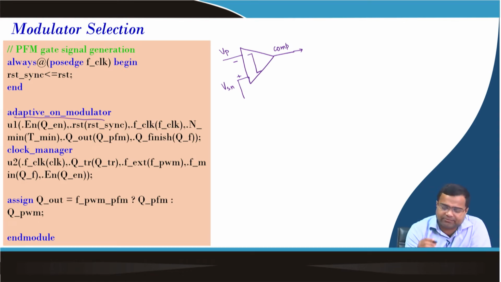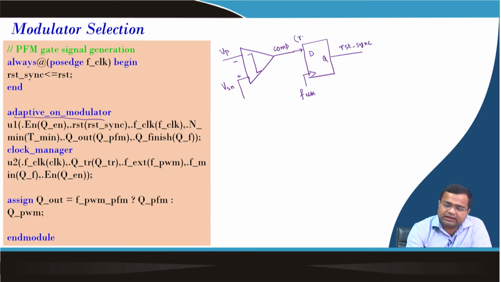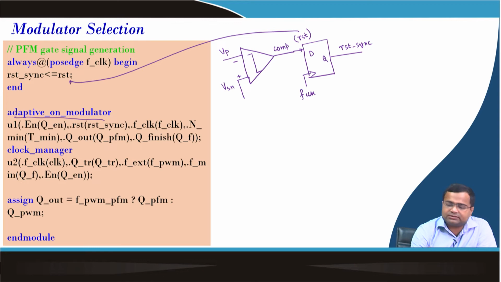To avoid this loading effect, we made it clock synchronized. That means this is the input, it can be a D flip flop, and this is a high frequency clock. This pulse is internally defined as reset, and here it is called reset sync. This is internally named as reset, which is why we call it a reset pulse. It is equal to reset sync when that clock edge comes.